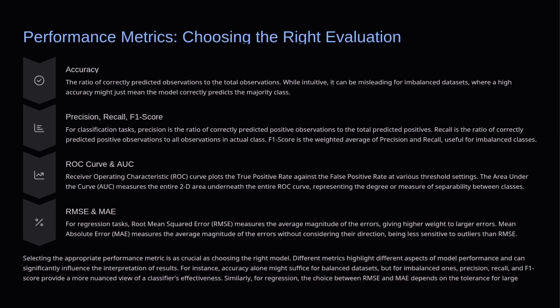ROC curve and AUC visualize model performance across different thresholds. Higher AUC means better separation between classes. For regression, RMSE penalizes large errors, while MAE, which is nothing but mean absolute error, treats all errors equally. The takeaway: always align your evaluation metric with the business objective.